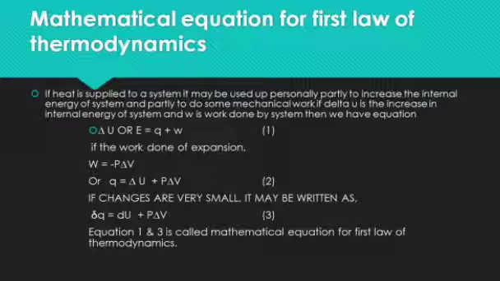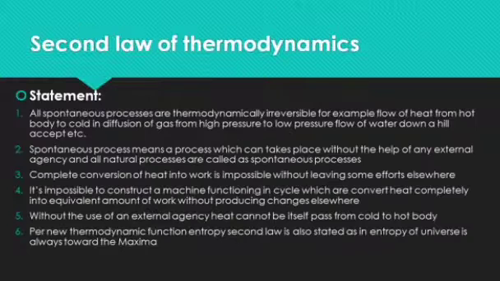Then Q is equal to delta U plus P delta V. If the change is very small, it may be written as delta Q is equal to dU plus P delta V. Equations 1 and 3 are called the mathematical equation for the first law of thermodynamics.